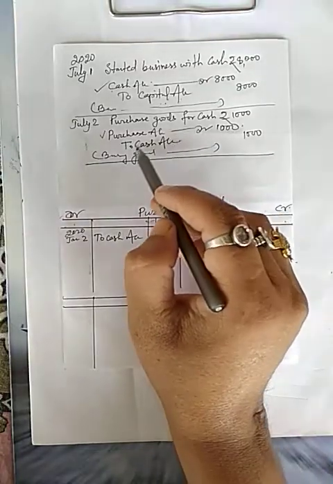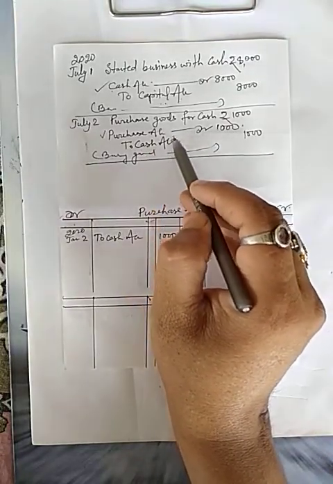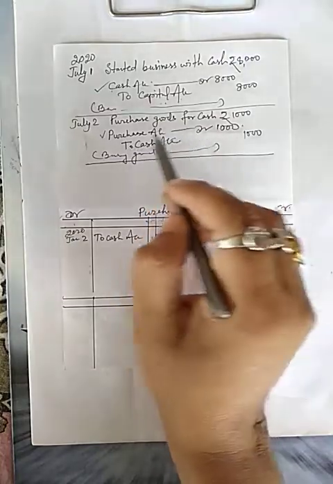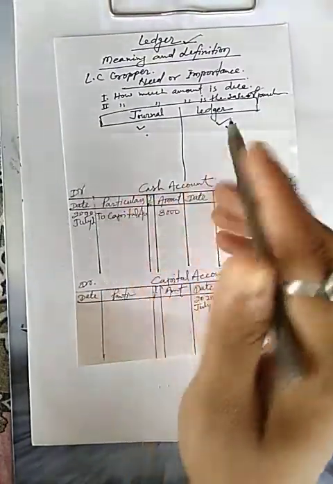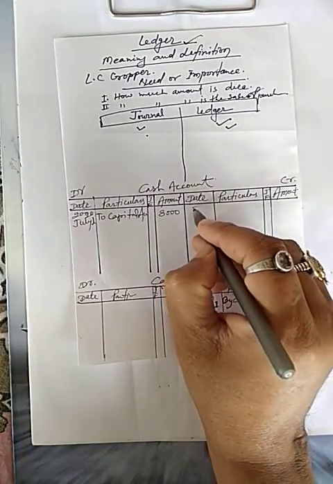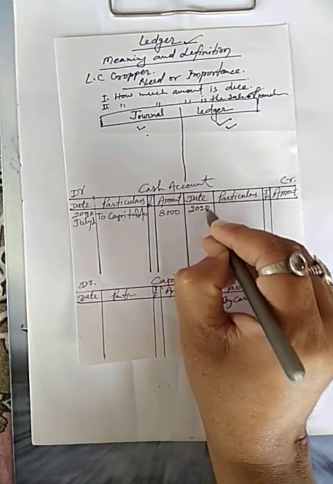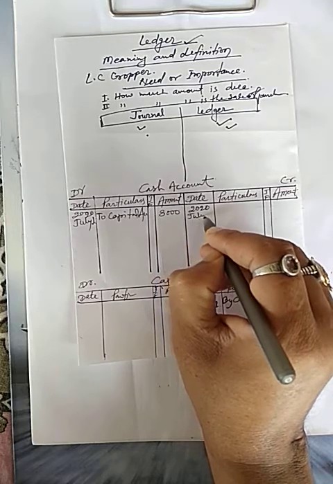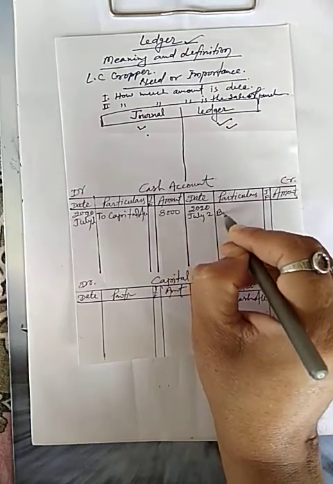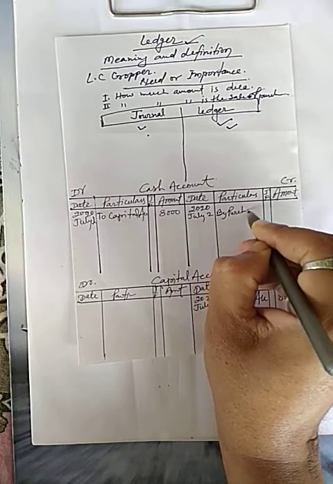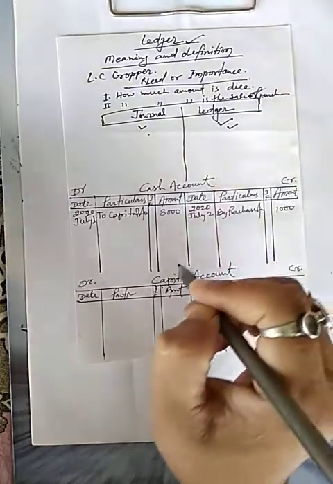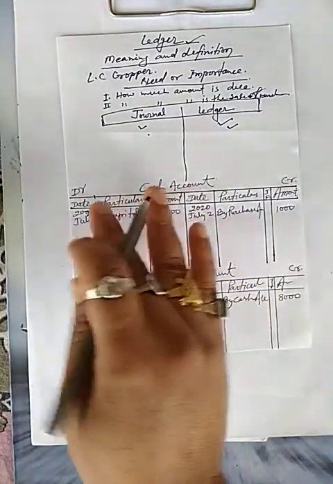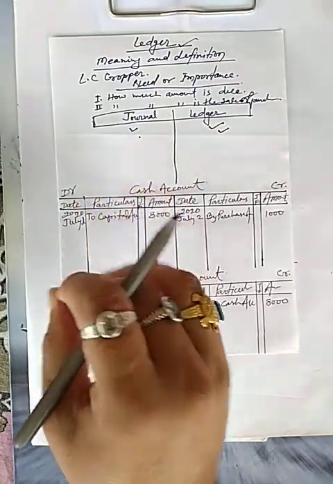But in cash account credit side I will post purchase account. So I have also a cash account. I will post in credit side of cash account July 2 by purchase account 1,000 rupees.